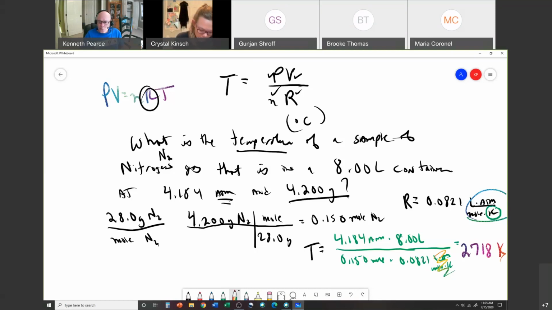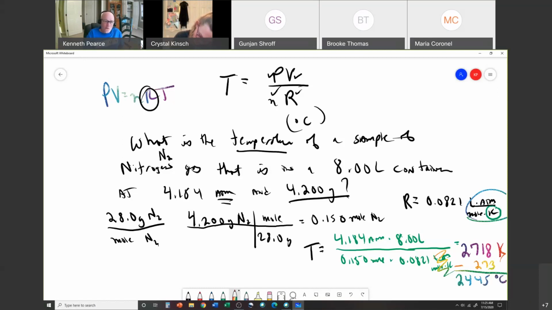All right, that's in Kelvin, which means we need to do what? We need to subtract off 273 to get to degrees Celsius. So I'm going to say minus 273. And I get 2445. And that's degrees Celsius.